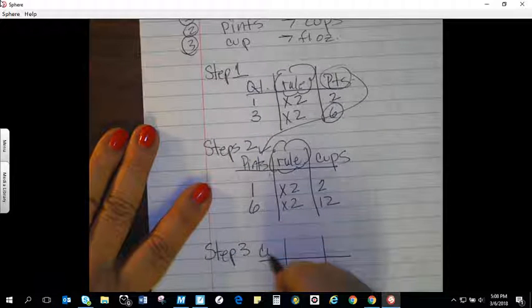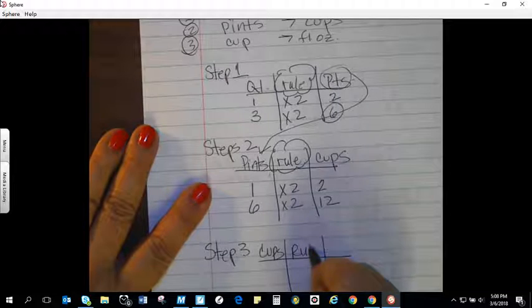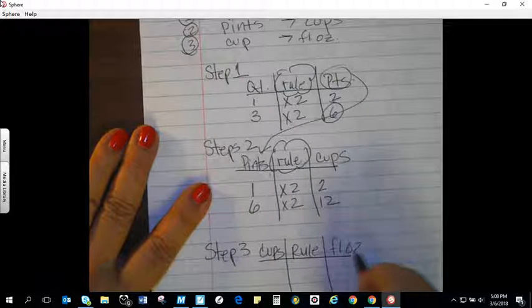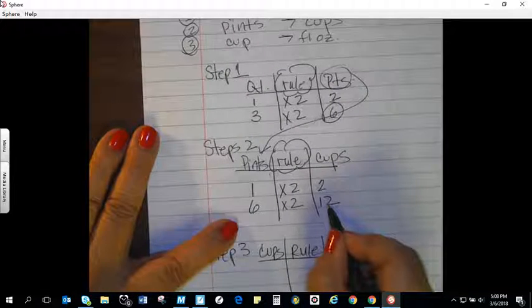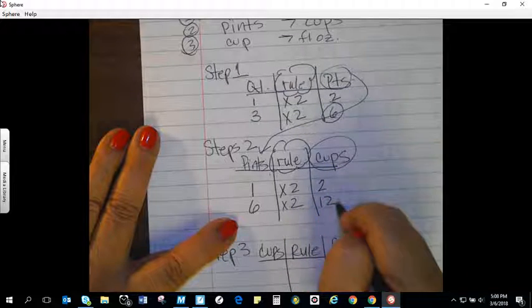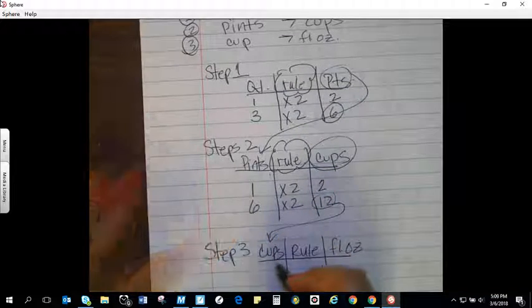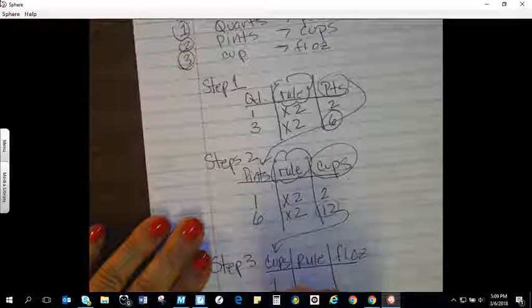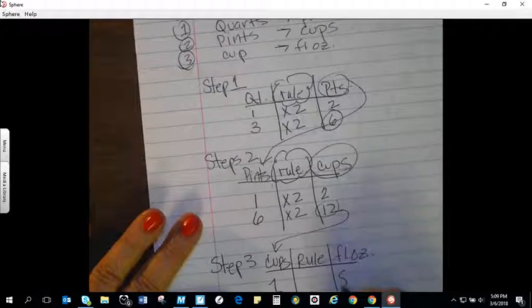I have my cups, my rule, and I have my fluid ounces. So here's my cups. I had 12. I'm going to put it here. I know, looking at my rules, for every 1 cup, that's 8 fluid ounces. And I'm going to put for every 1 cup, it's 8 fluid ounces.